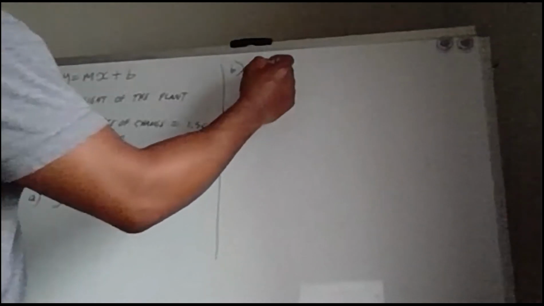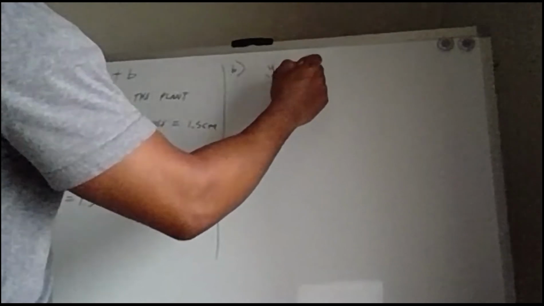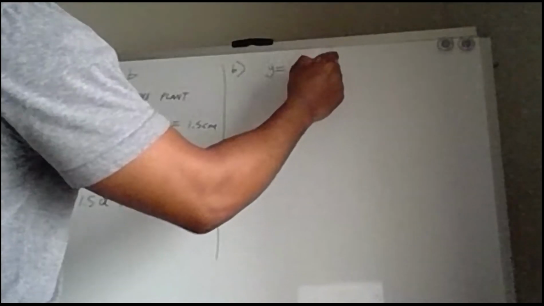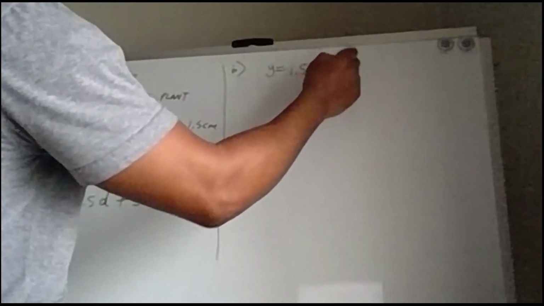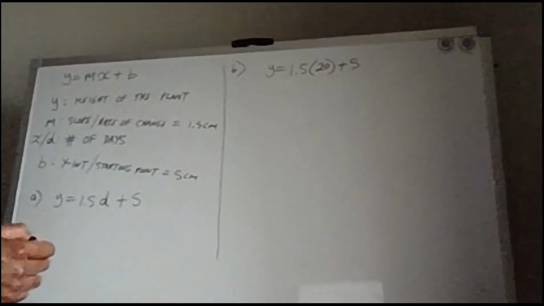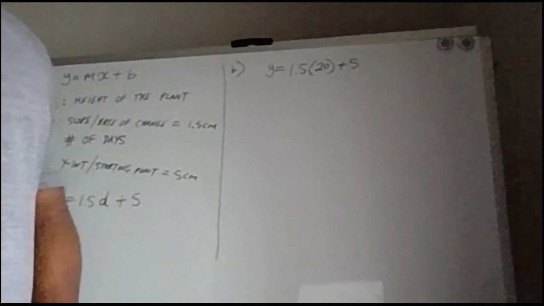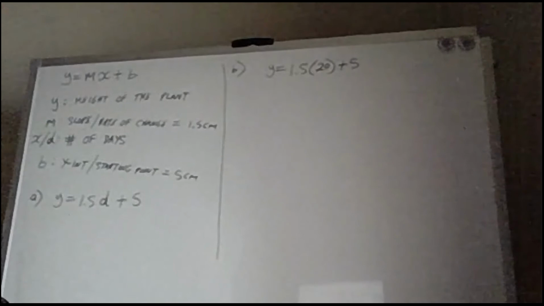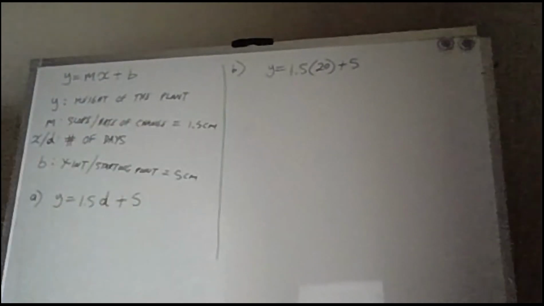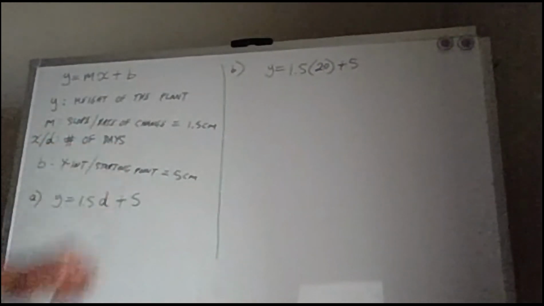So here we're going to write y is equal to 1.5 times 20 plus 5, because we're trying to find how tall this plant is after 20 days. So we just replaced d, which represents the number of days.